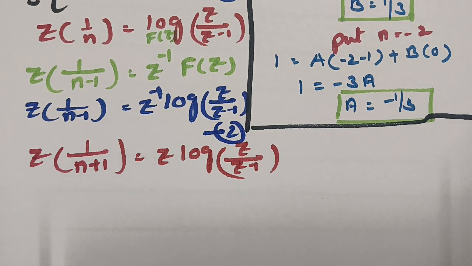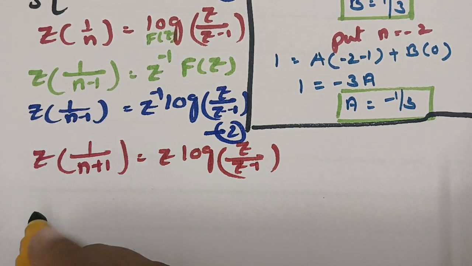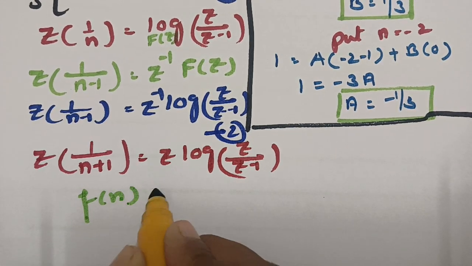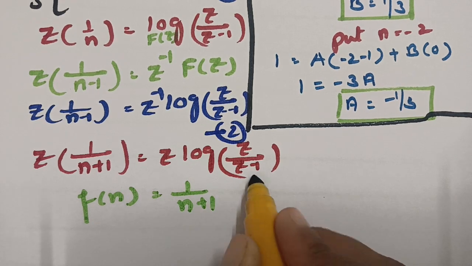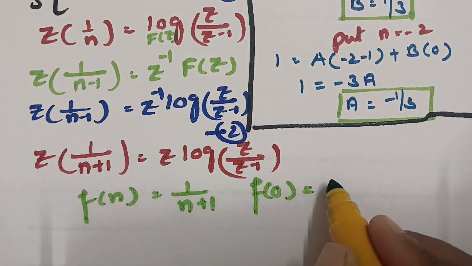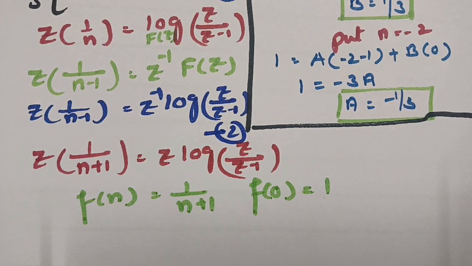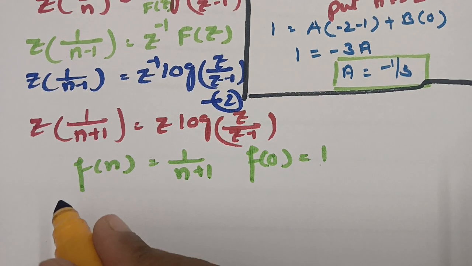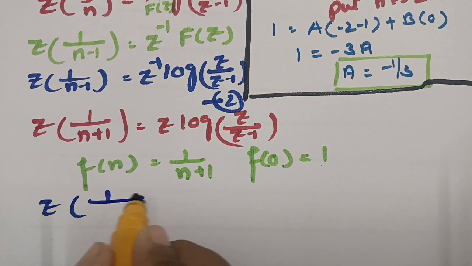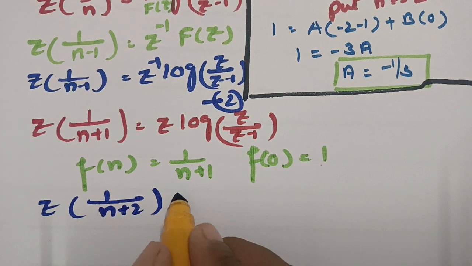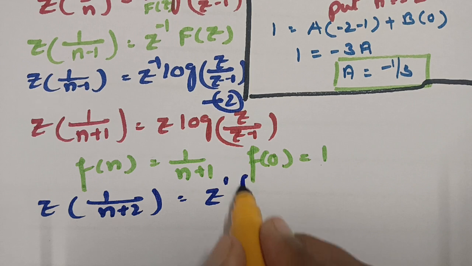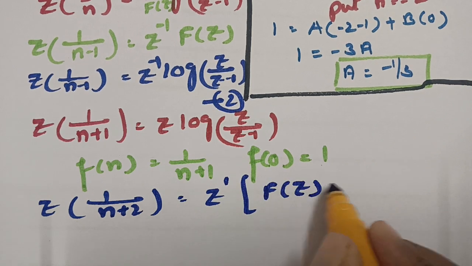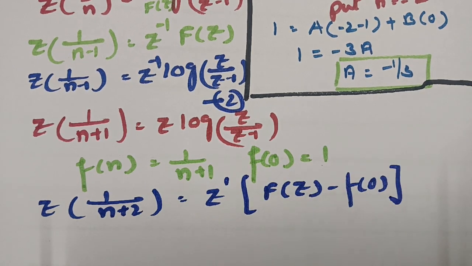If I take f of n is equal to 1 by (n plus 1), then f of 0 is definitely 1. According to our shifting theorem, for 1 by (n plus 2), shifted one time, this is z power 1 into f of z minus f of 0.